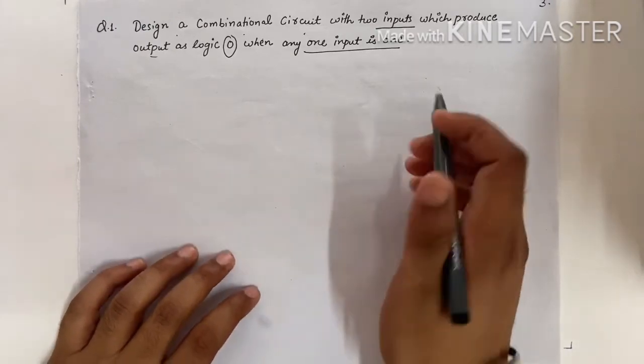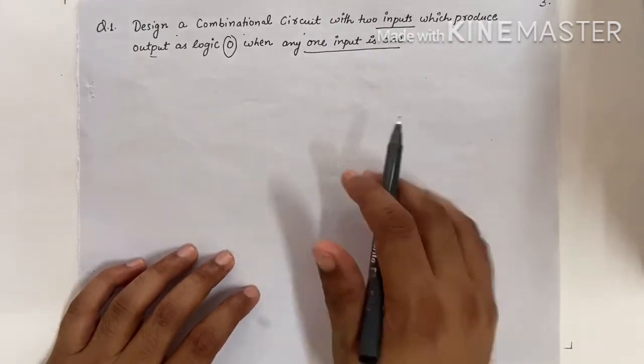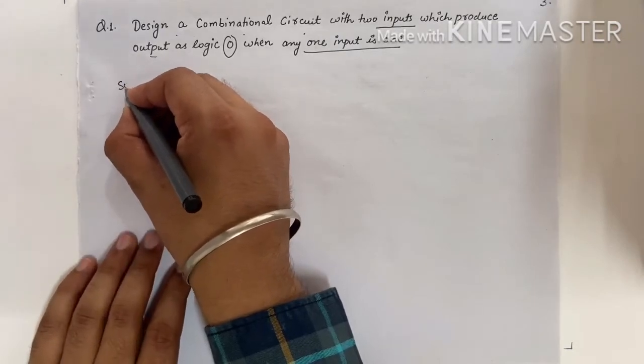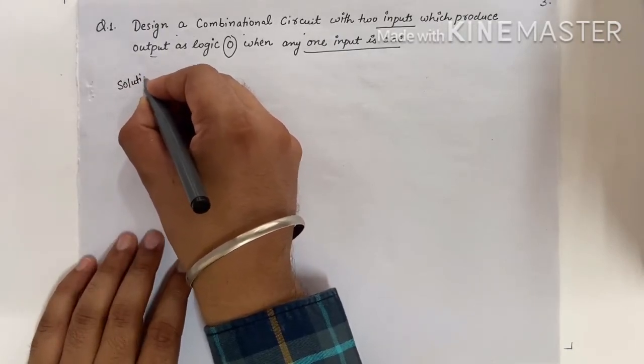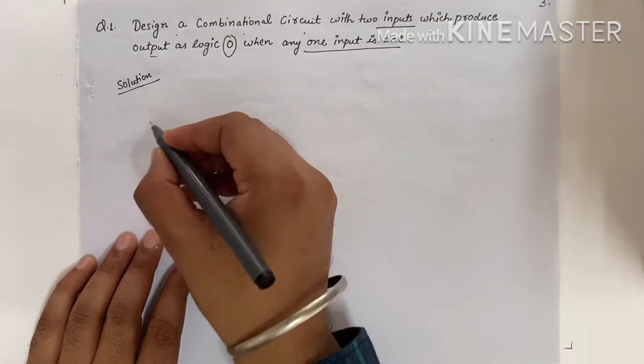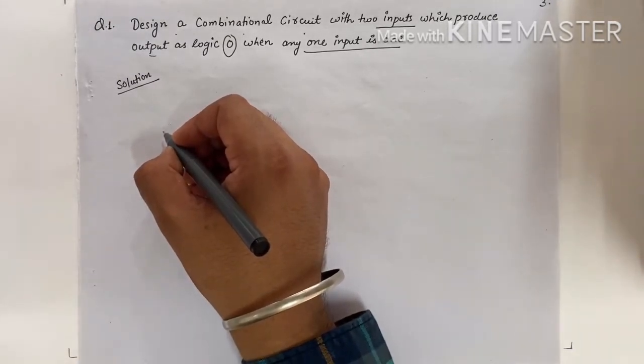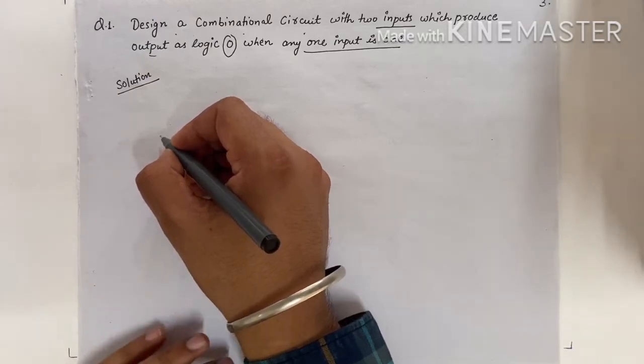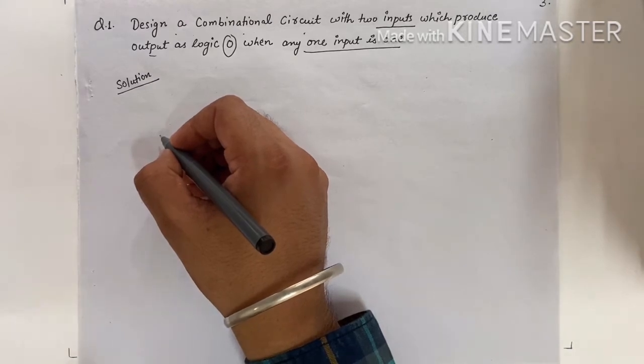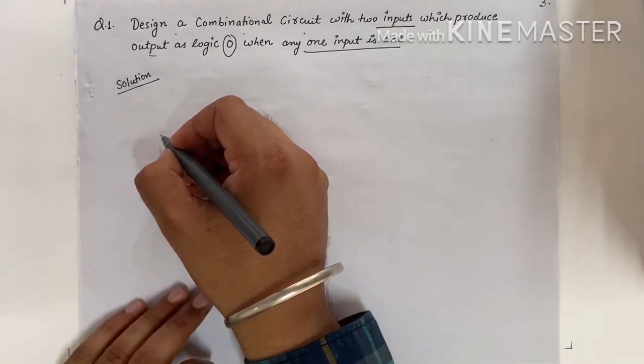Now, we consider how many inputs there are: two inputs. Then we can do the solution. Firstly, we write the solution. In the design steps, firstly, we have to observe the problem, which we have done. After that, we have to determine the input and output, which is also done. Now give a letter or symbol to the input and output.